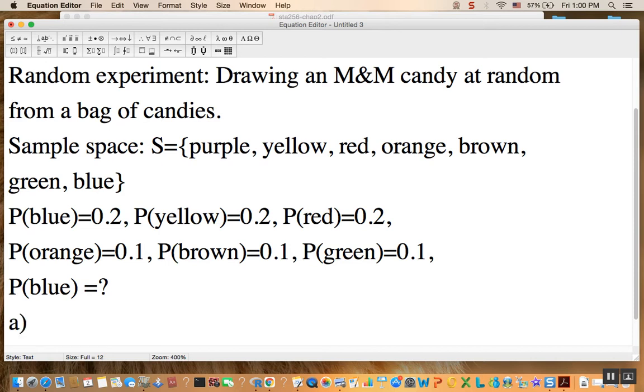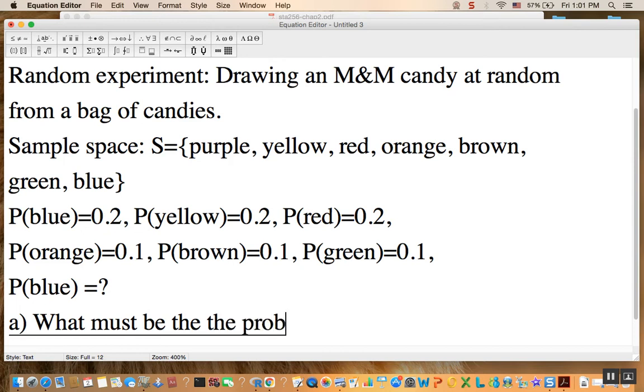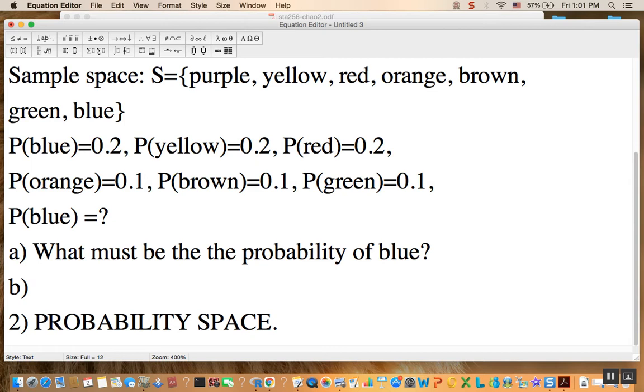Now, what if we want to answer the following questions? What must be the probability of blue? Second question.